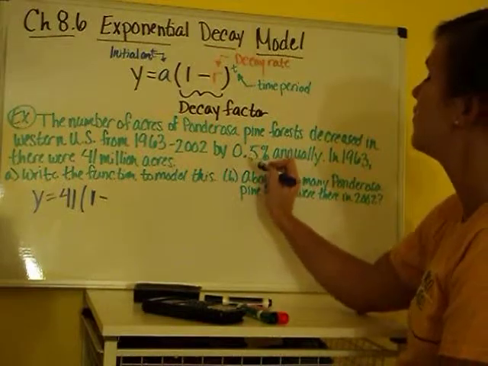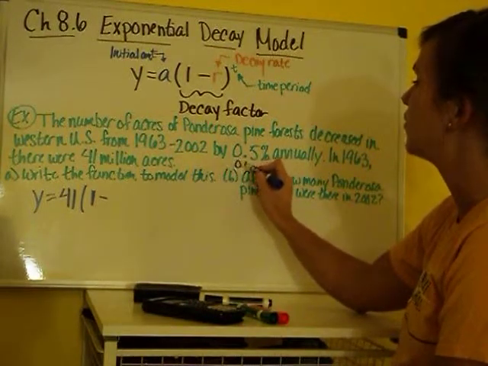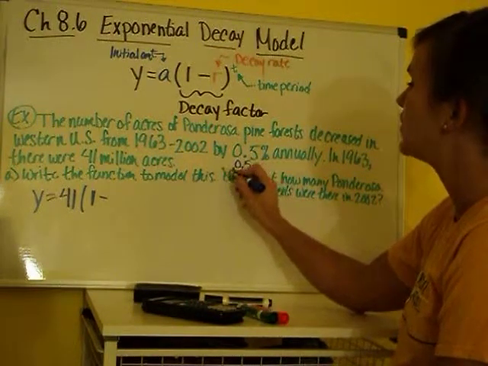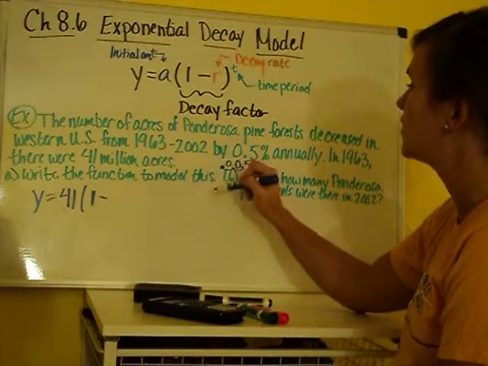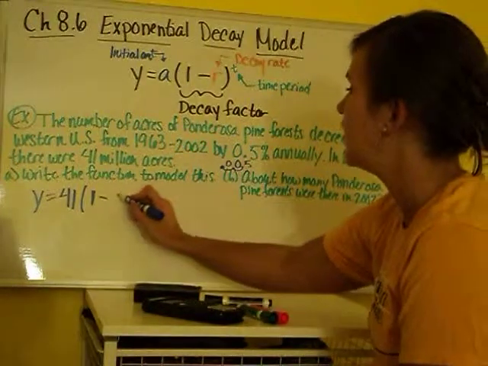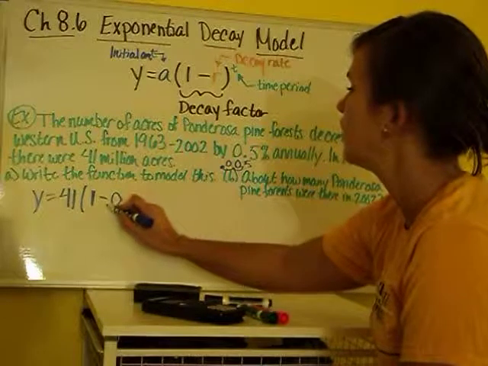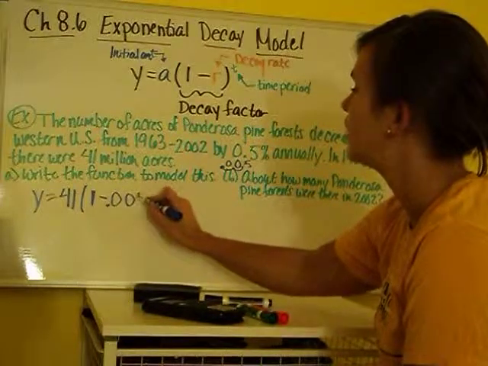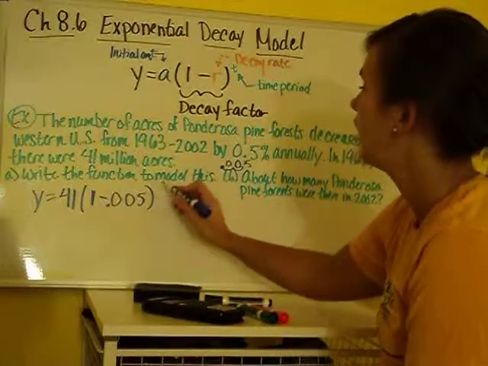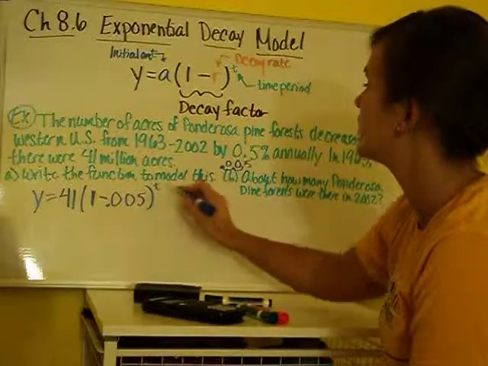Okay, here we have 0.5, so we're going to take 0.5 and move this decimal over 2 times. So our decay rate is 0.005. And then we have this to the t.